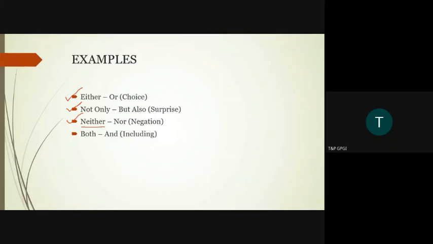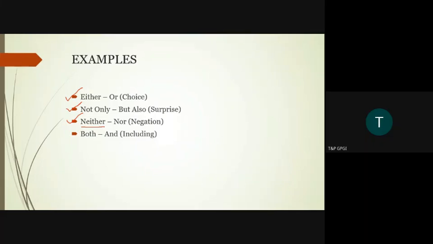Neither nor means not this and not that. It's not a choice. People generally confuse it with either or because you have a choice, but this means this is not true and that's not true. Both are not true anymore. So it's a negation, it makes everything negative. Keep that in mind.